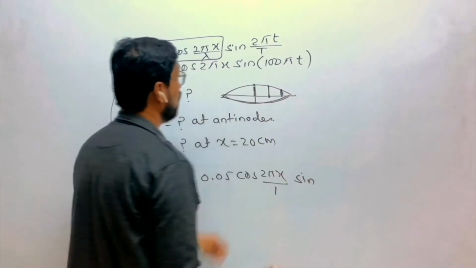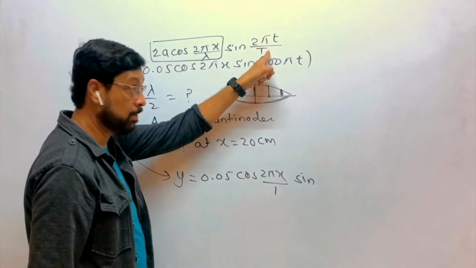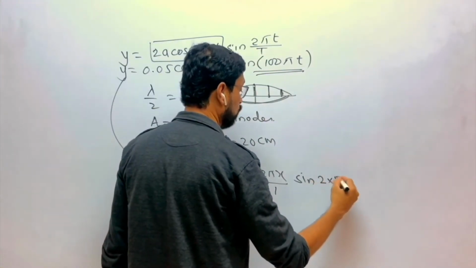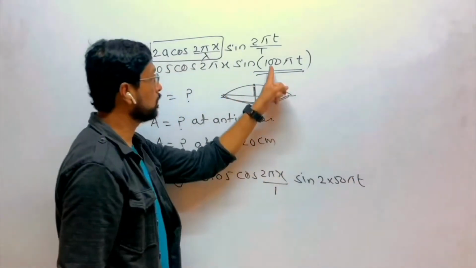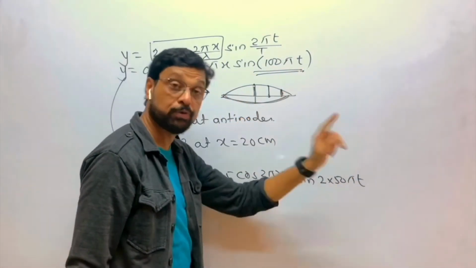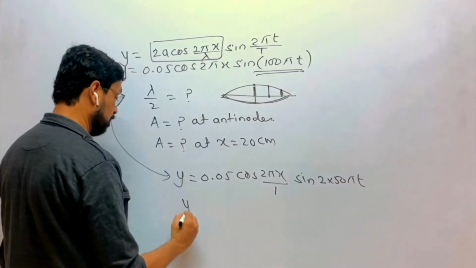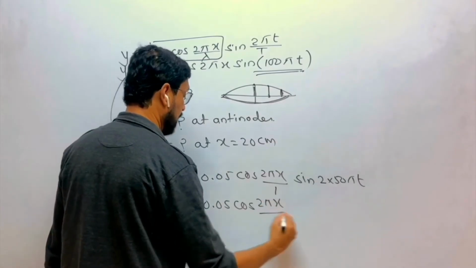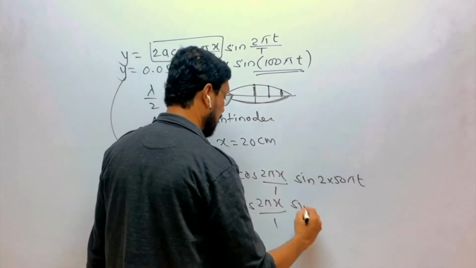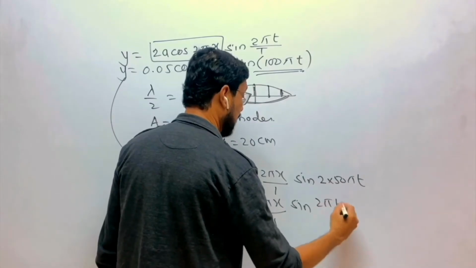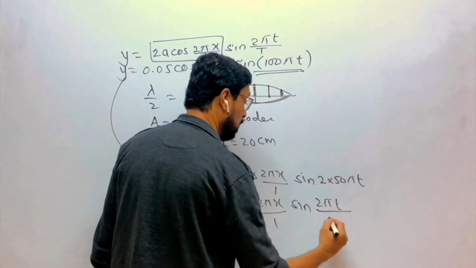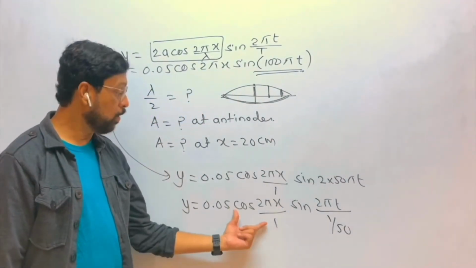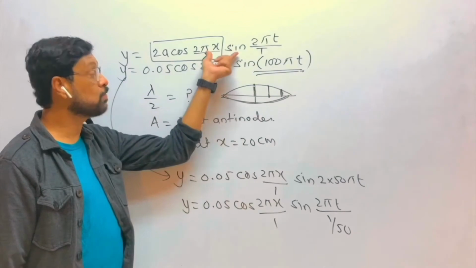Sin हमको चाहिए 2 pi t by T, तो इसको हम लिखेंगे 2 into 50 pi t. चलेगा? 100 pi t is 2 into 50 pi t. So this will become 0.05 cos 2 pi x by 1 sin 2 pi t upon 1 by 50.